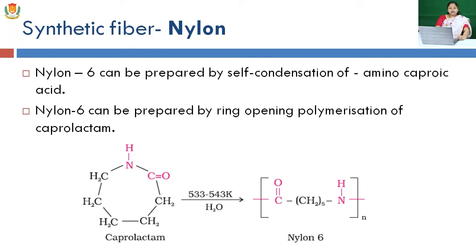Now, another class of polymers is fibers. There are mainly two types of fibers. Number one, natural fibers, and number two, synthetic fibers. Natural fibers are obtained from natural sources like rubber plant and all other things, whereas synthetic fibers are modified by obtaining natural products or completely synthesized in the laboratory or in the industries.